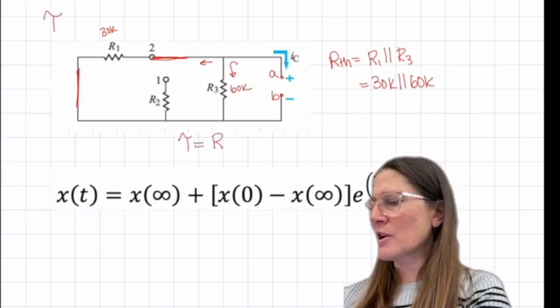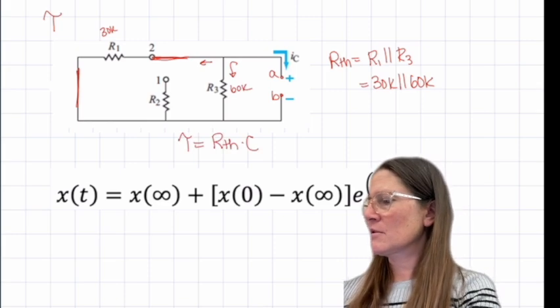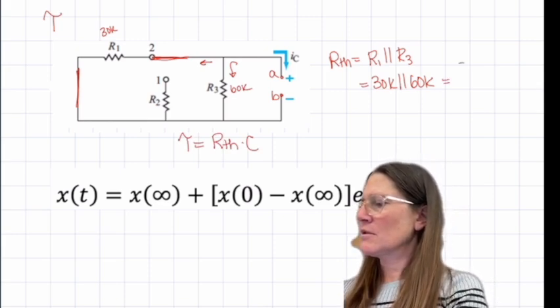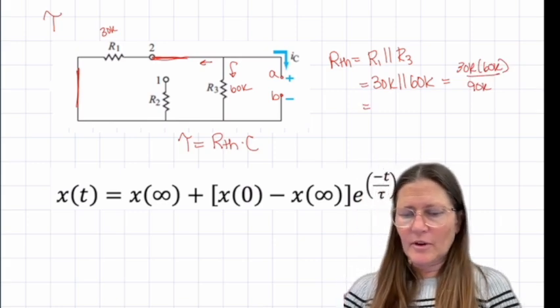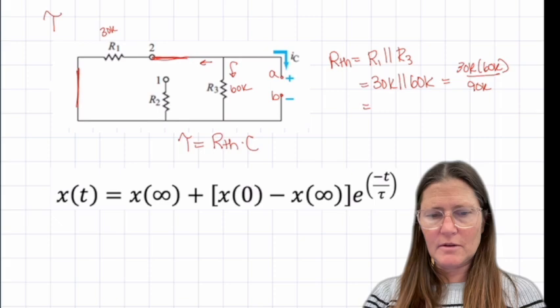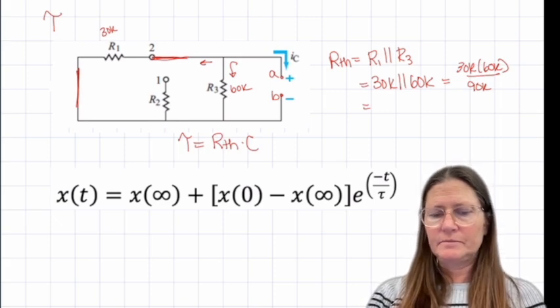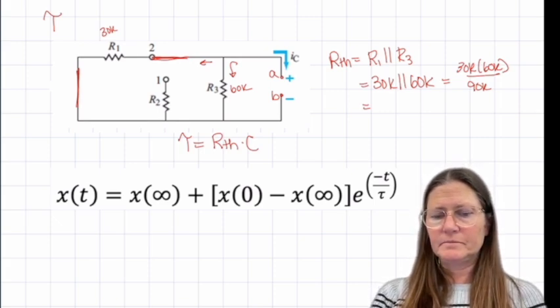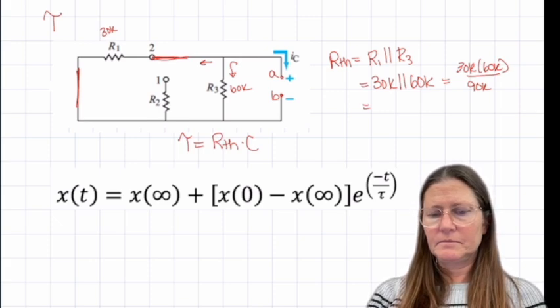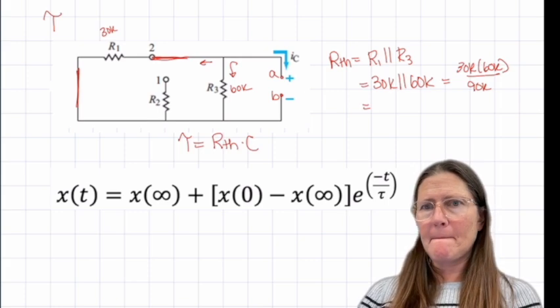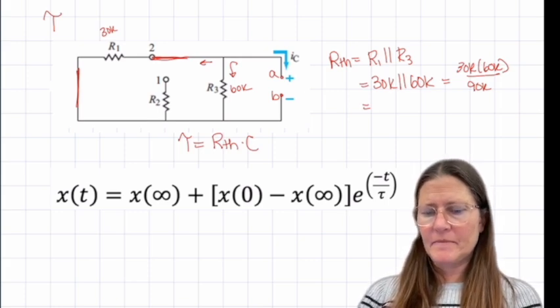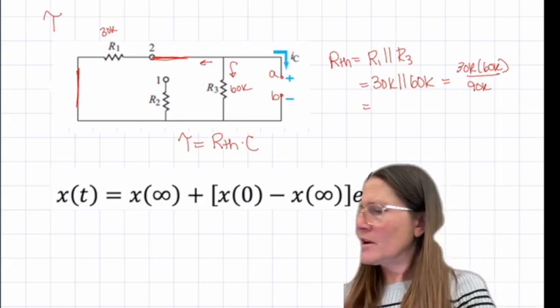And tau will be RTH times C. So this ends up being 20K.